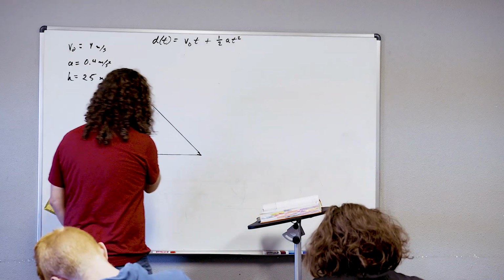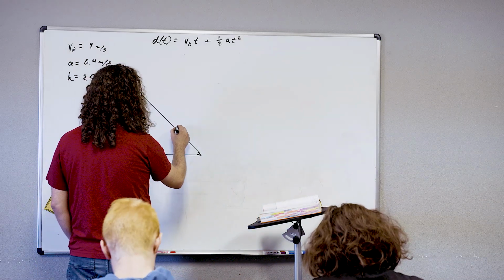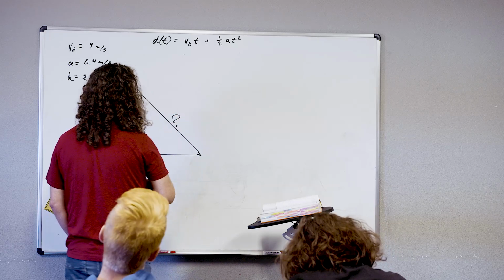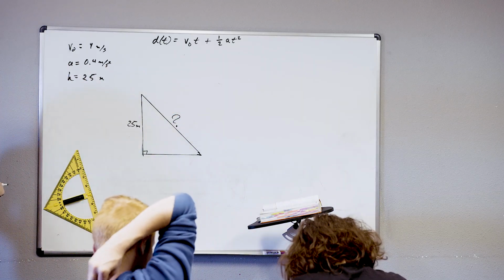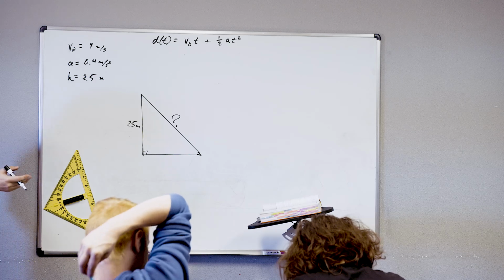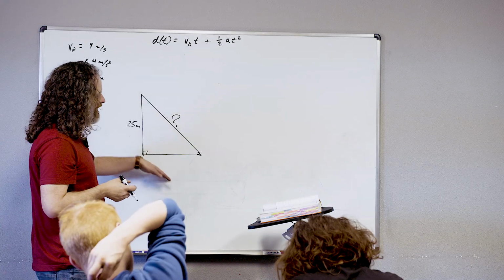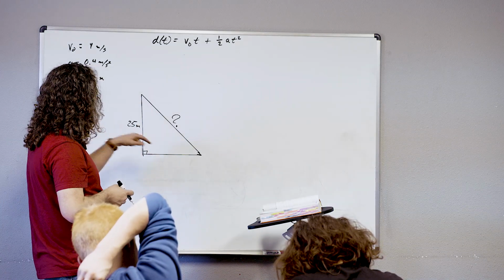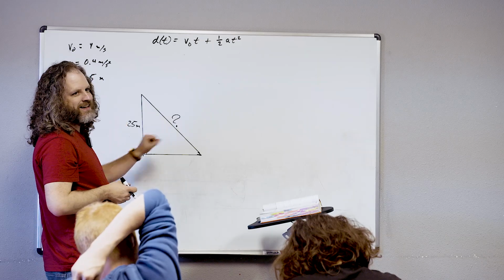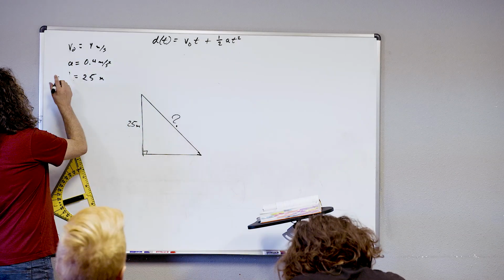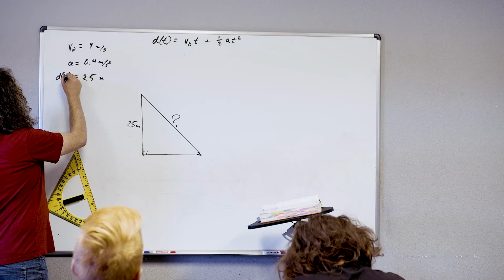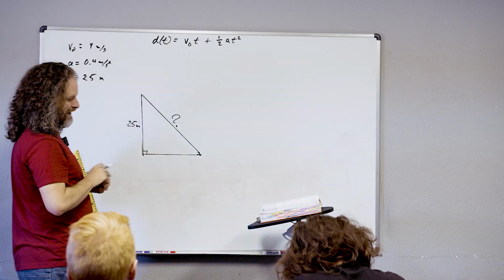Because I would think this would be the distance, and we would need to find that first. But we don't have enough information because we don't have either of the other sides or an angle to get this. So I think what they mean is this is d of t, which is dumb and wrong, and that annoys me a little.